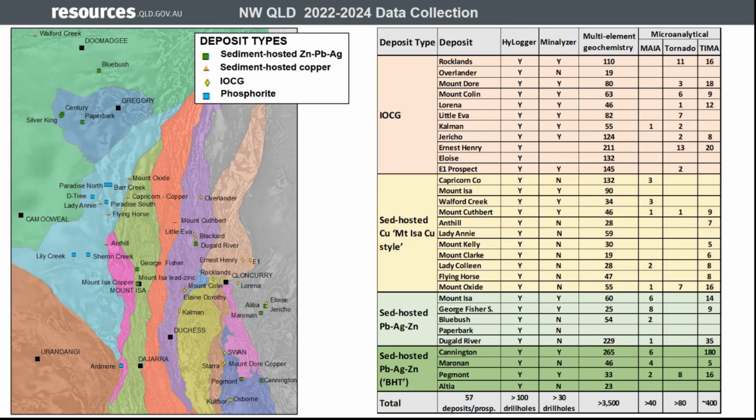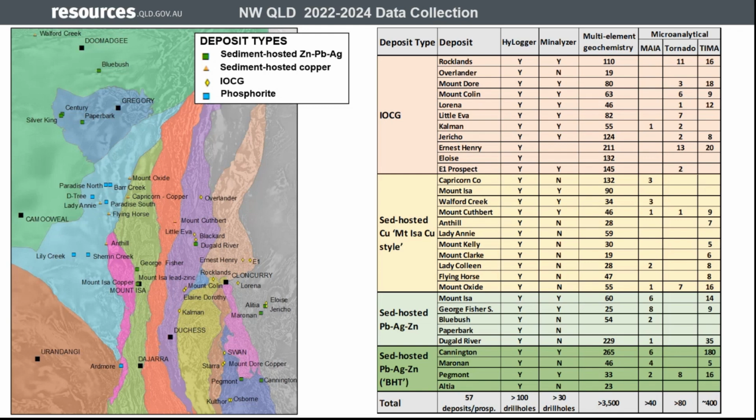So we've done a lot of work on over 50 different deposits in Northwest Queensland. Some of those deposits are listed there. All of them were logged. Most of them have whole rock geochemical data, and you can see numbers for our microanalytical work in the last 3 columns. So if you see your deposit in this list and you have never seen the data, please talk to us. We will share the data.